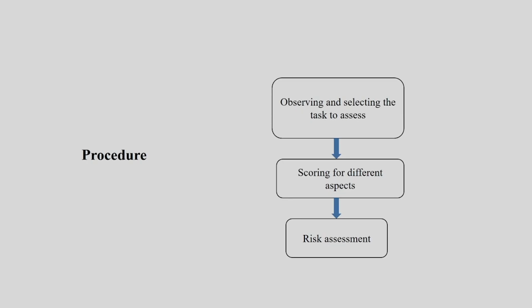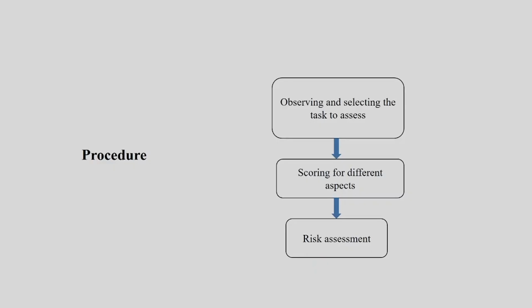First, you need to observe and select the task which you are going to assess. So, defining the task: starting point and ending point. As I mentioned earlier, it can be long, or it can be very small as well. Once you select it, you have to give the scoring of different aspects.